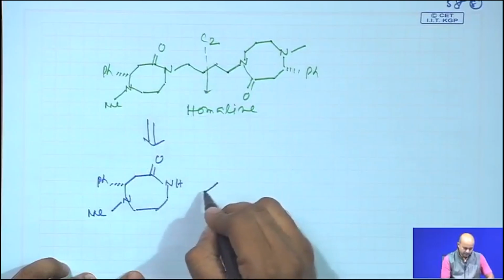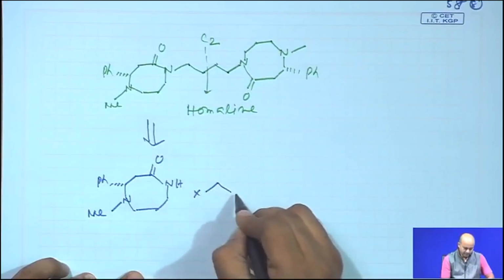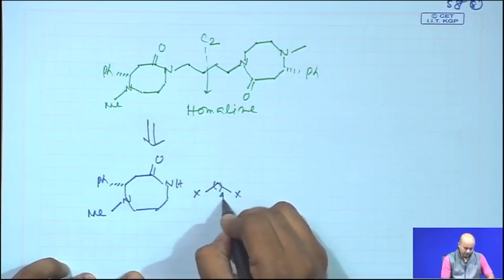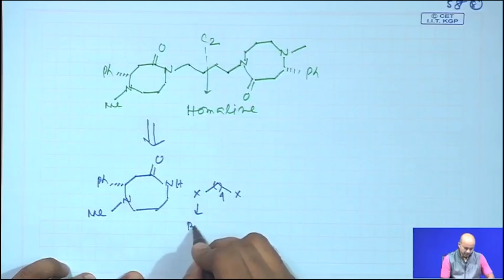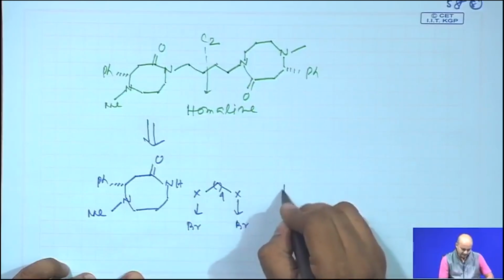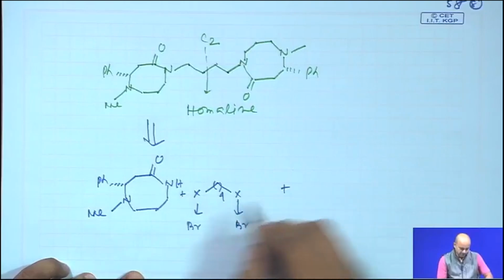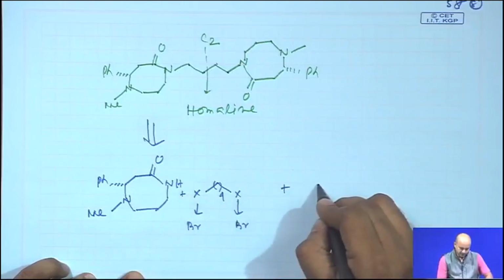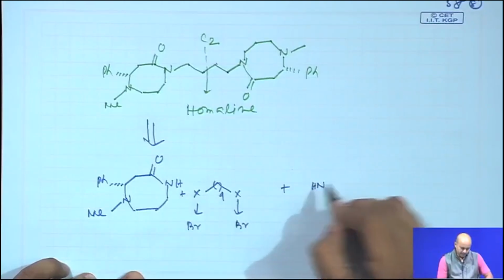You can just couple with X and X, it is a 4 carbon, X stands for bromide, and then on the right hand side you write the same compound in the opposite way.